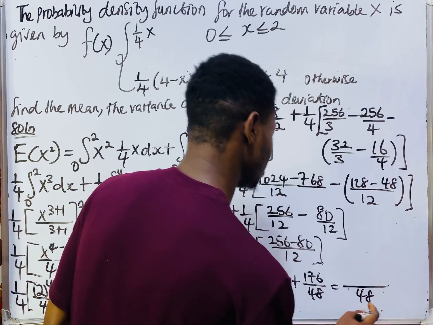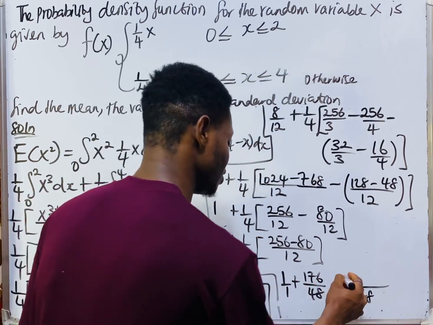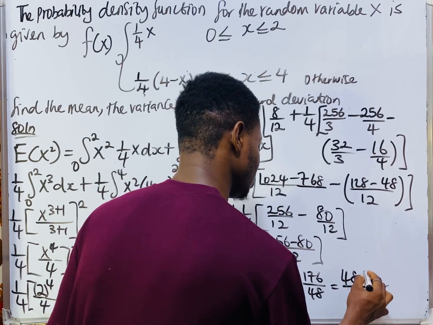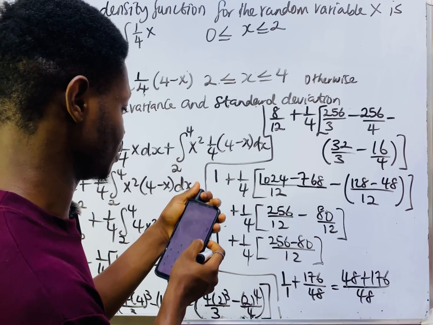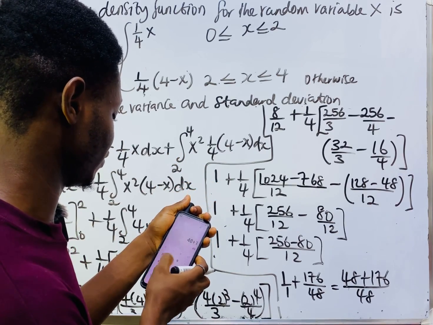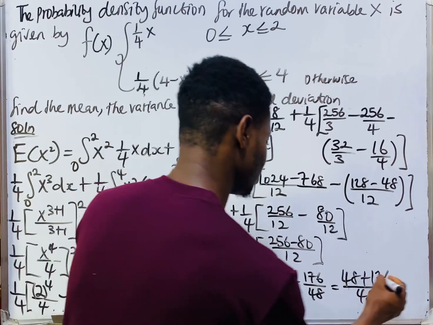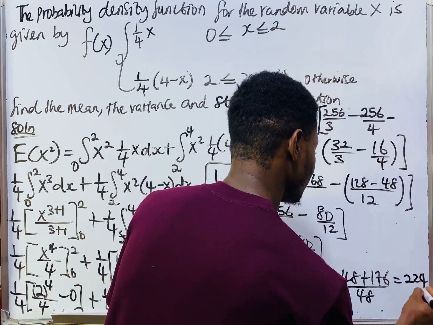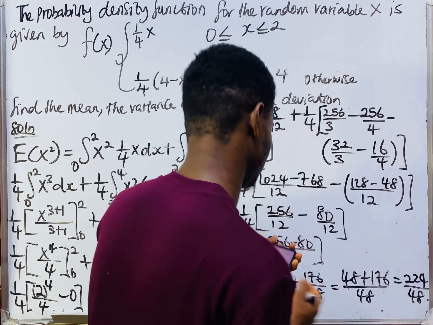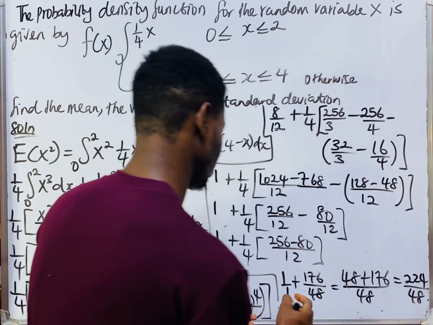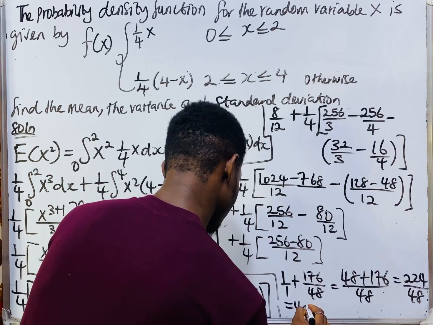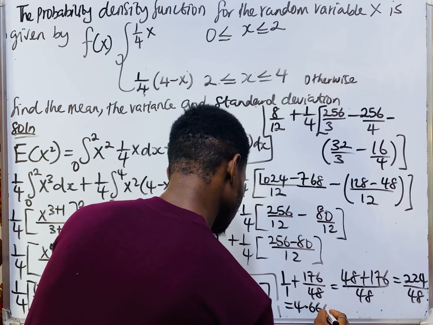LCM is 48. 48 divided by 1 times 1 is 48 plus 176. So we have 48 plus 176, which gives us 224 over 48. Then 224 divided by 48 gives us 4.666.